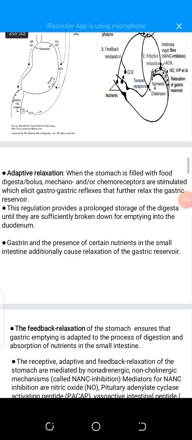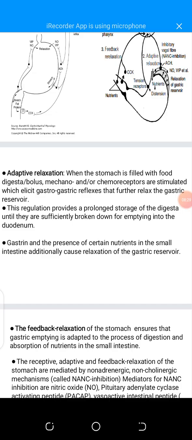activates mechano and chemoreceptors in the stomach. The stimulation and the activation of the mechano and chemoreceptors in the stomach elicits what we call the gastric reflex.